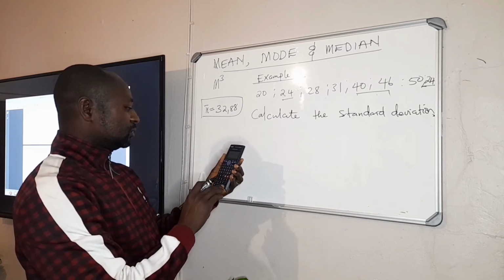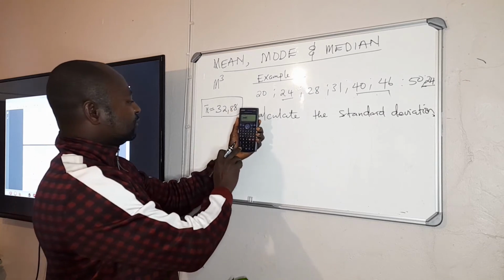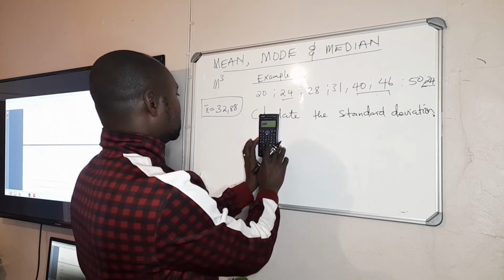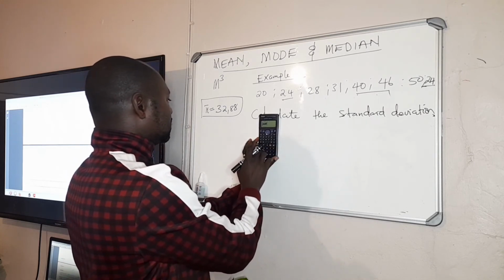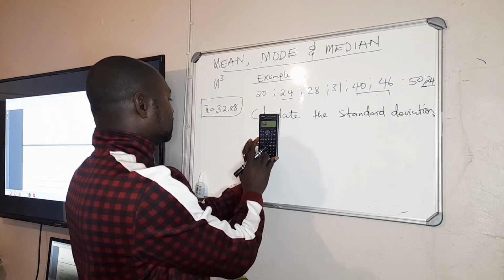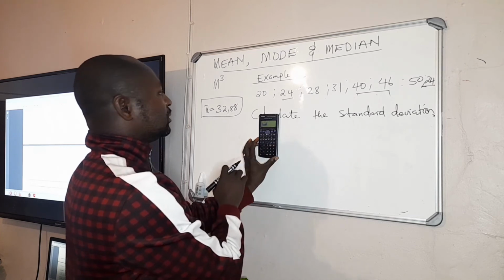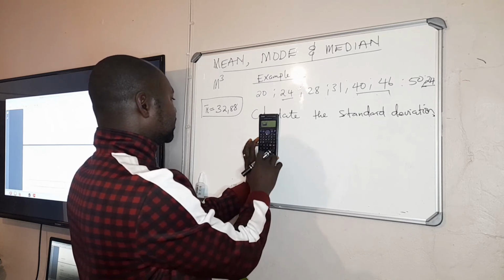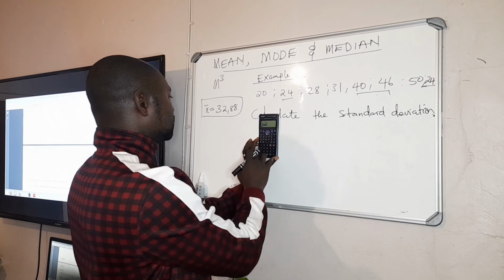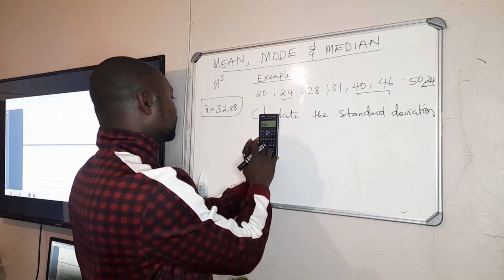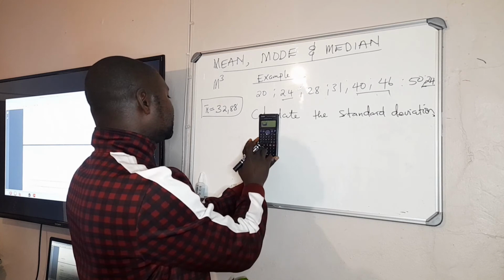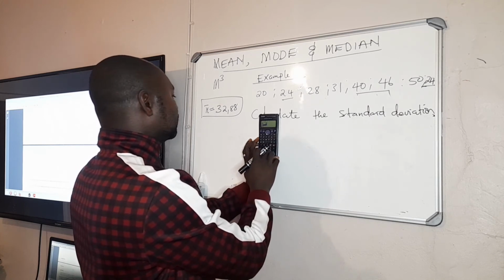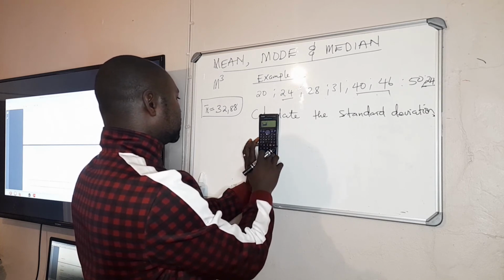So how do we capture the data? 20, then press the equal sign. Then 24, equal sign, 28, equal sign, 31, equal sign, 40, equal sign, 46, equal sign, 50, equal sign, then 20, 24, 24, and then you press your equal sign.